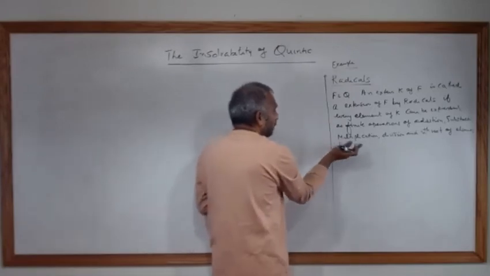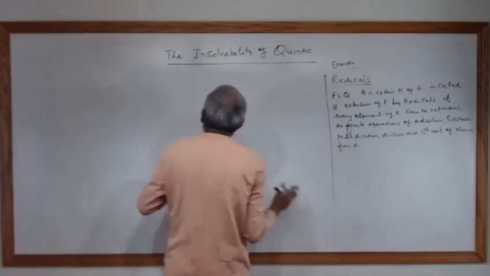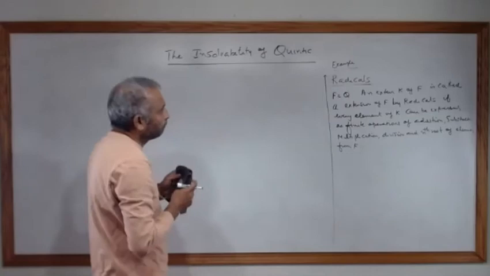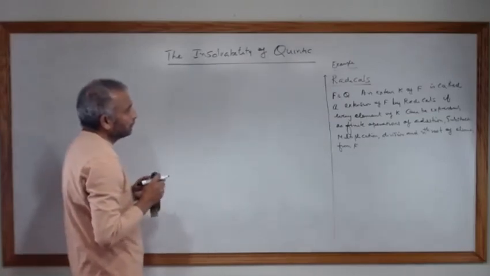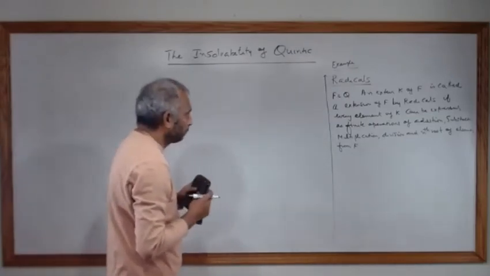So let us start with this and give some examples, then we'll come to the formal definition of extensions by radicals.